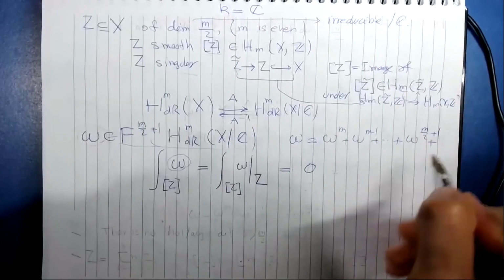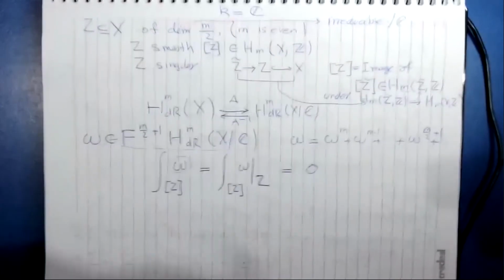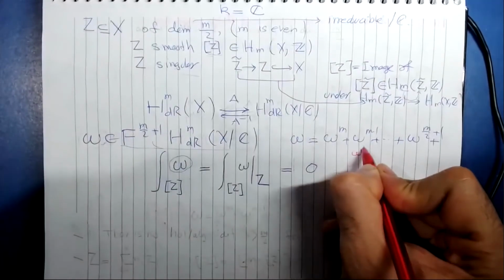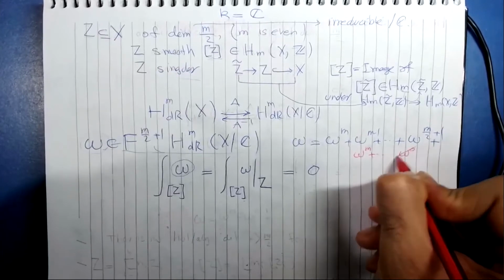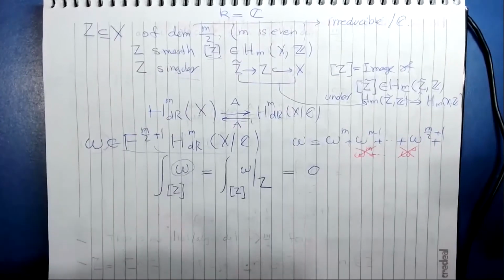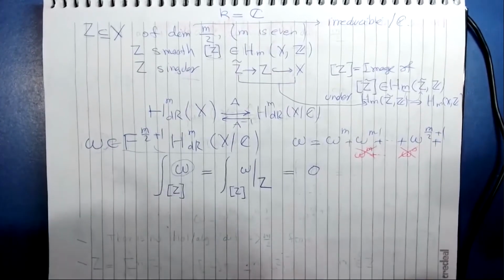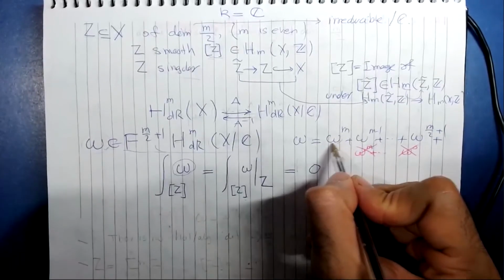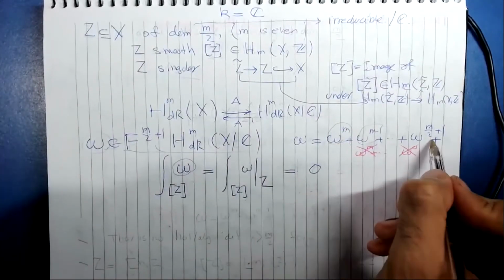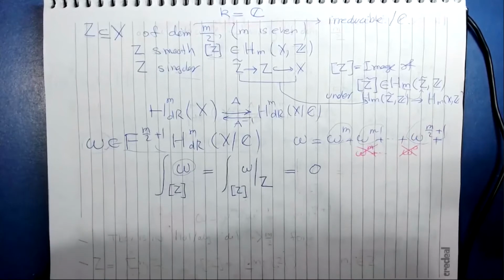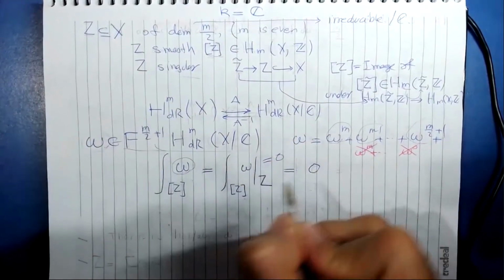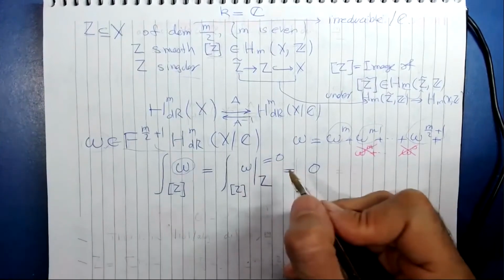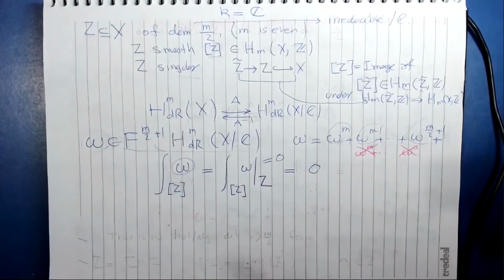So in particular, there is no differential form omega_m/2, down to omega_0. So these differential forms don't exist in the expression of omega. And when we restrict all these, omega_(m-1) until omega_(m/2+1), this is identically 0. So the integration of 0 over any cycle is 0.